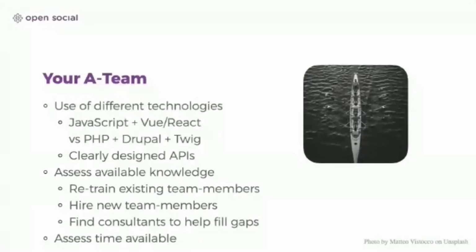If you're still a Drupal agency that's building sites with Twig and PHP and you're looking to go decoupled, you have to realize that JavaScript and the associated frameworks are quite a different technology and have different hosting requirements. And you'll also need to make sure that you think about how you're going to clearly design your APIs so that you don't break them every 2 weeks.